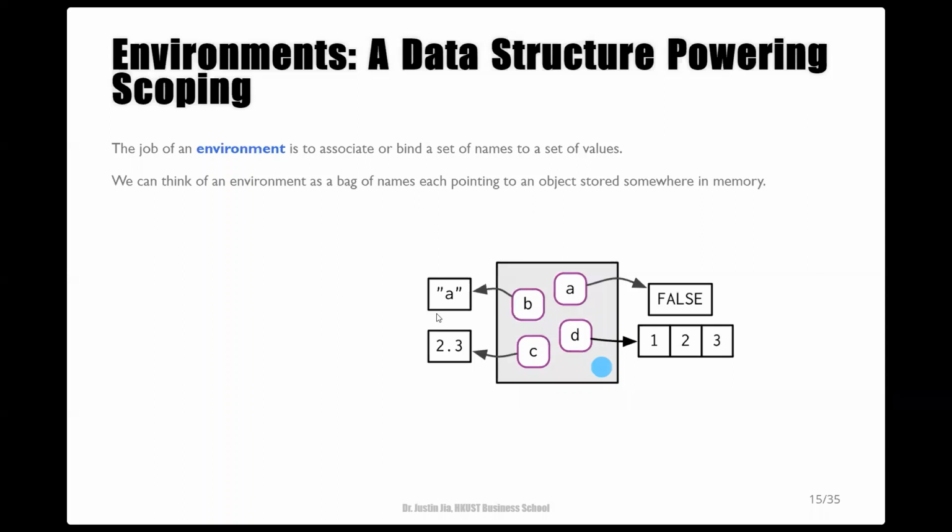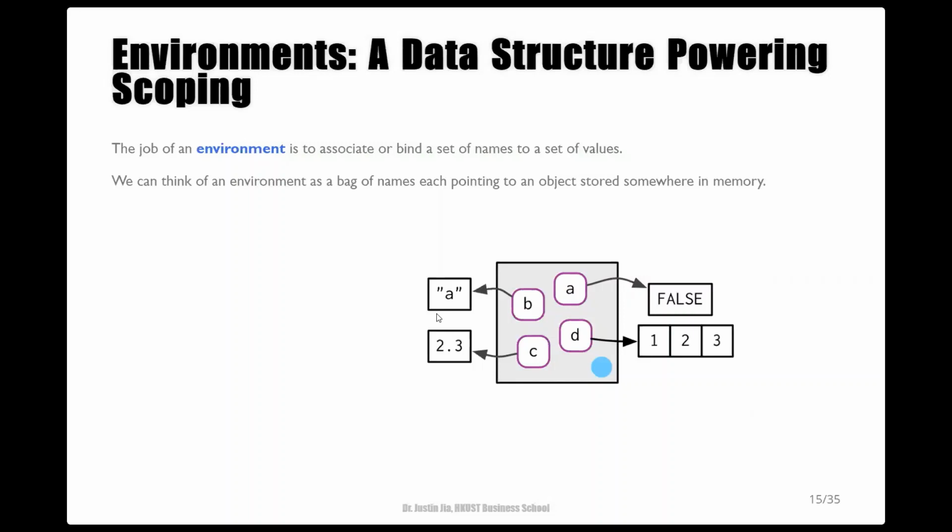To introduce the scoping rules, we need to first introduce the data structure that powers scoping in R. That is, environments. The job of an environment is to associate a set of names to a set of values. So it controls how R finds the value associated with a name.